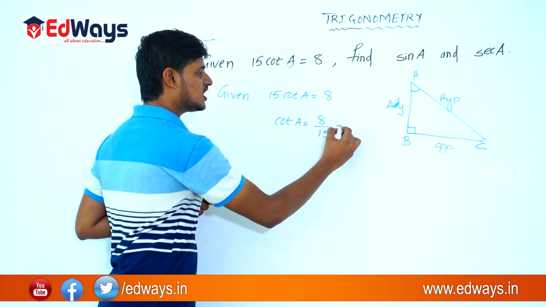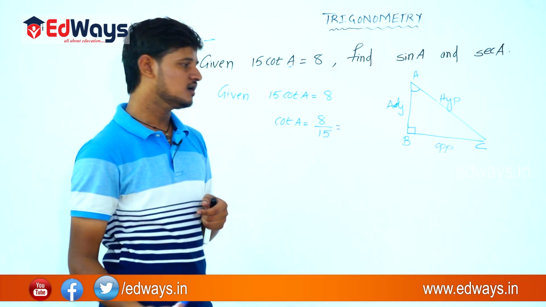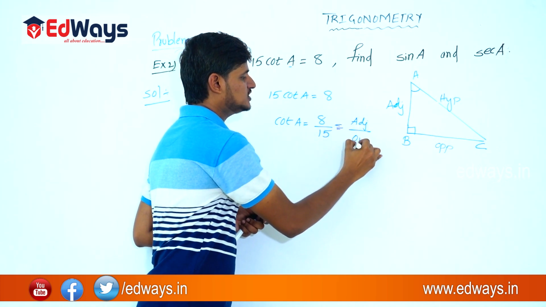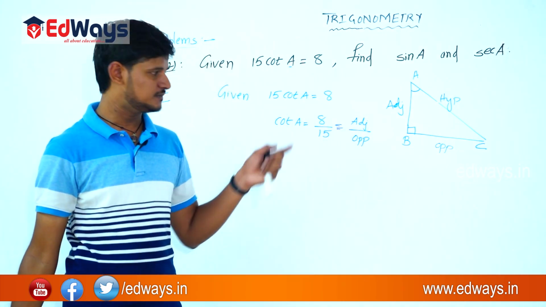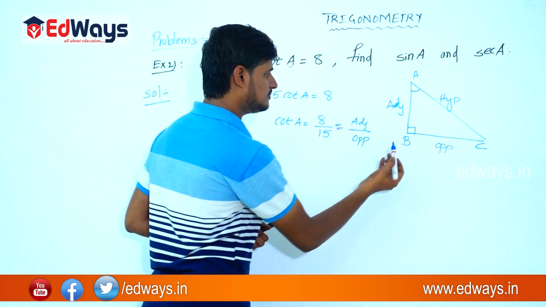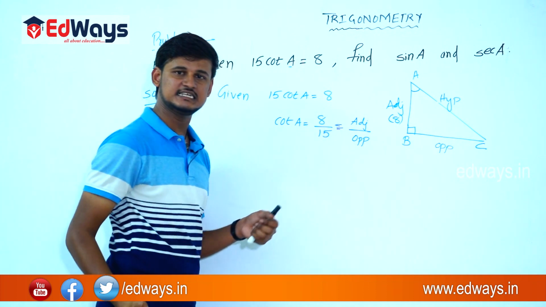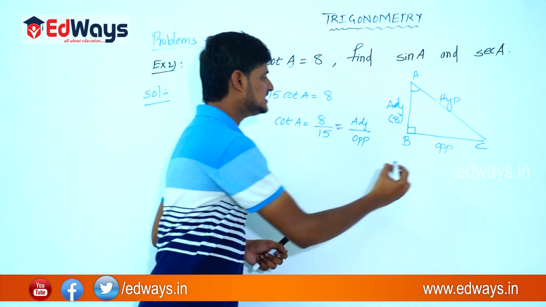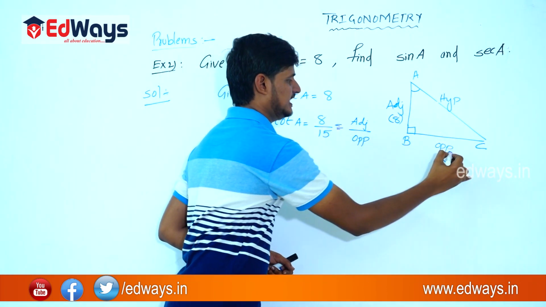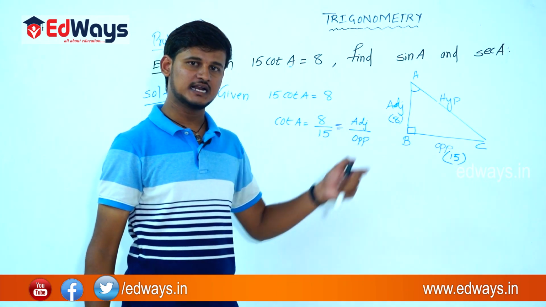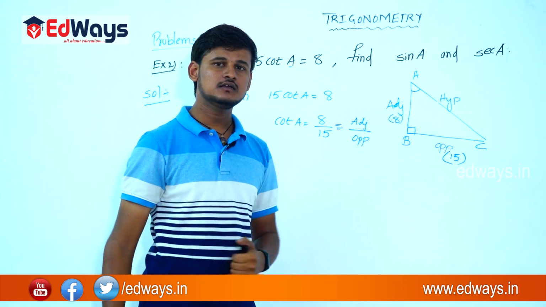What's the cot formula? Cot is nothing but adjacent side by opposite side, right? Just the reciprocal of tan. So what is the adjacent here? 8. Adjacent is 8 and opposite is 15, right? So we know two sides of the right triangle, and we have to find the third side.